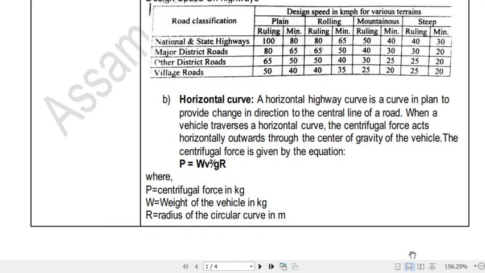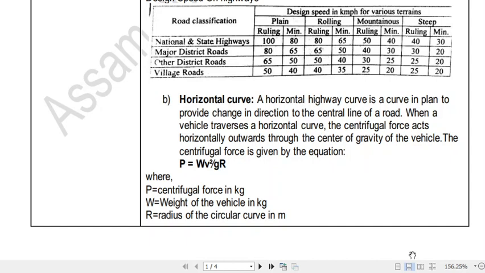The centrifugal force developed depends on the radius of the horizontal curve and the speed of the vehicle negotiating the curve. This centrifugal force is counteracted by the transverse frictional resistance developed between the tires and the pavement, which enables the vehicle to change direction along the curve and to maintain the stability of the vehicle.